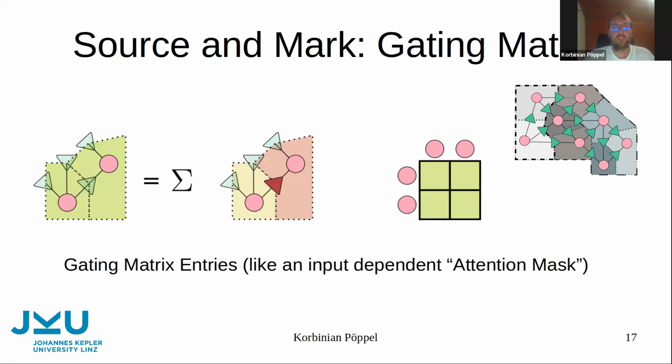And this is very similar here. This gating matrix is basically just the combination of source and mark terms at all levels, and tells us how source nodes are connected to target or outgoing nodes, or how inputs at certain nodes are connected to outputs at other nodes.